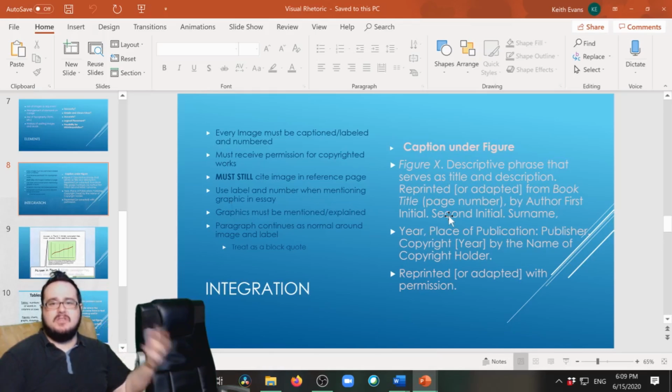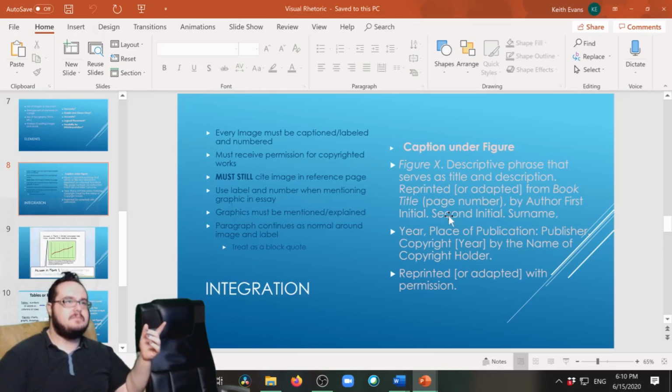These can be simple charts and graphs, they can be photographs, they can be anything that gets the job done. Now, however, if you take a picture that you did not make yourself and integrate it into your paper, you can do that. Students, you are protected under fair use laws because you're using something for academic, non-commercial purposes.